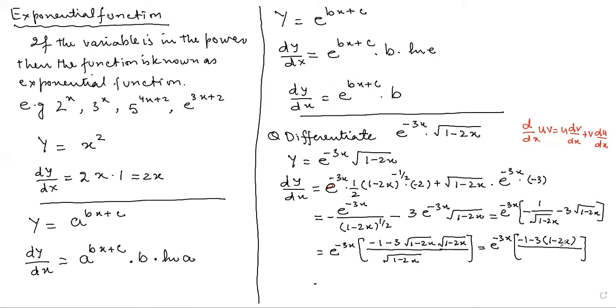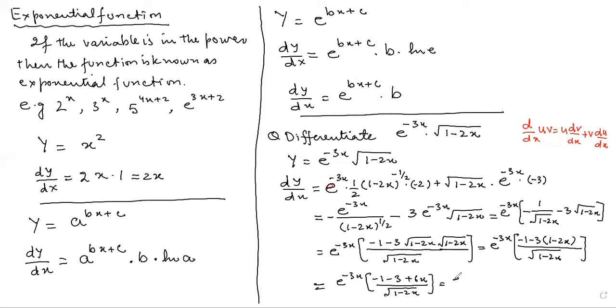So 1 minus 2x power 1 over under root 1 minus 2x is equal to e raised to minus 3x, minus 1 minus 3 plus 6x divided by under root 1 minus 2x.